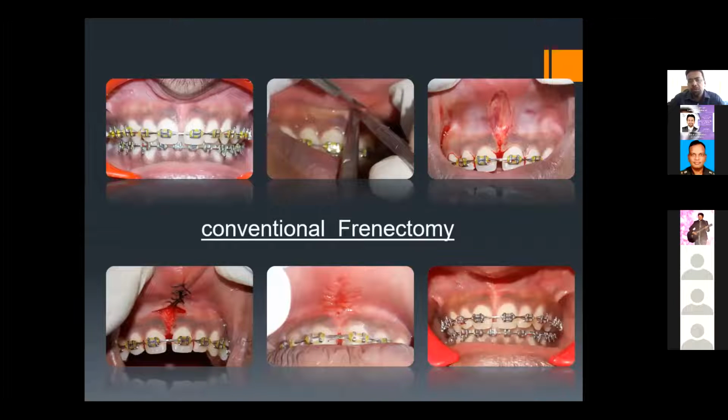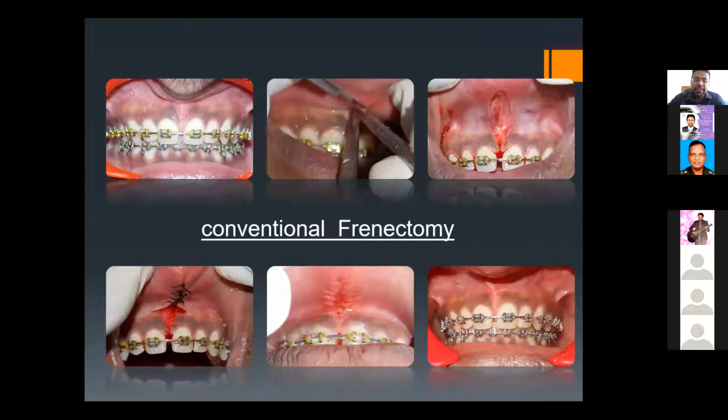Now, is it possible to perform this procedure without any assistant? No, it is not possible, because your assistant has to hold the lips, and then you need to suture it, right? But it is not practically possible that everywhere you will have an assistant with you.